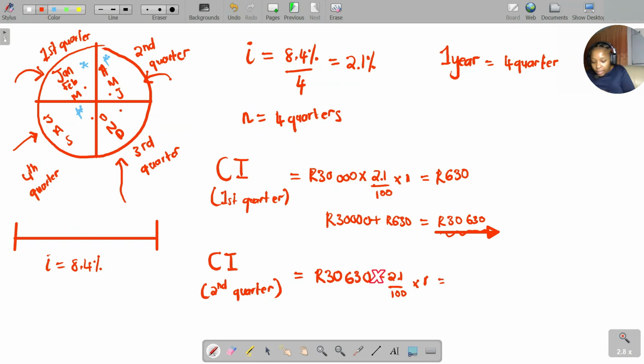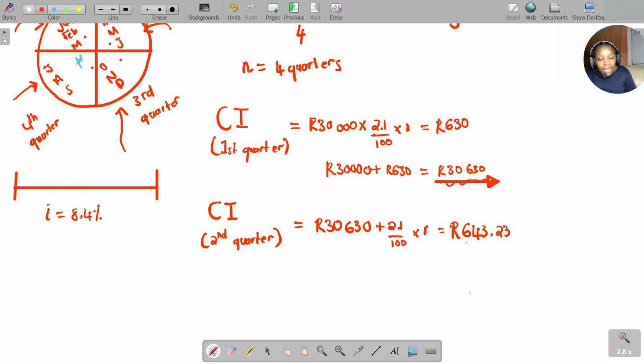So what do we get? You'll get that the interest that will be added in the second quarter is 643 rand, 23 cents, right?